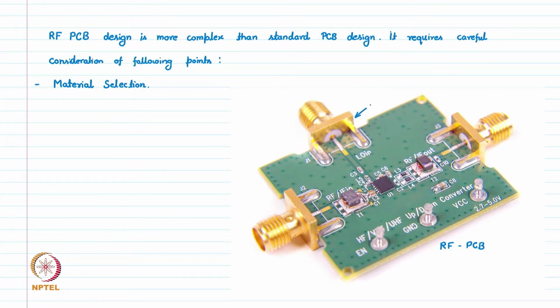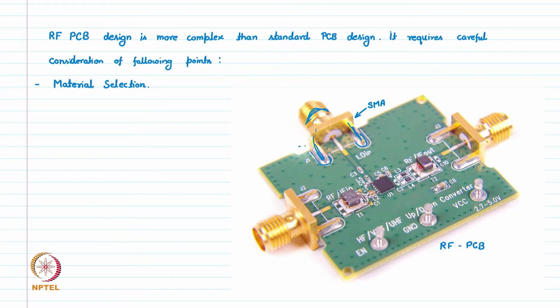For example, here we have these connectors, these are called SMA connectors, where this outer shell is ground, and these are the two arms which are soldered here on the PCB.